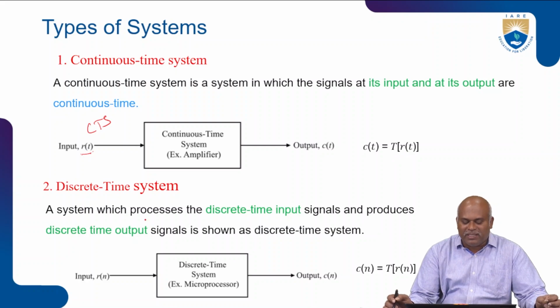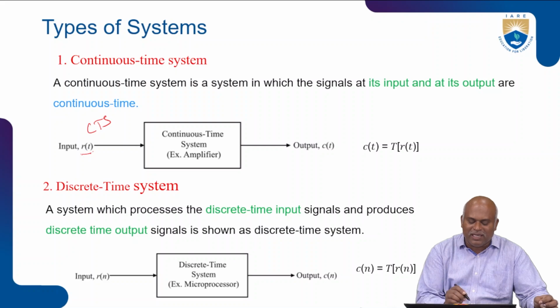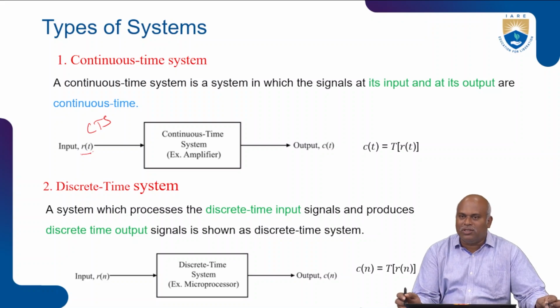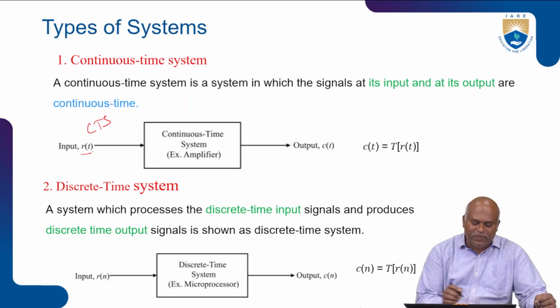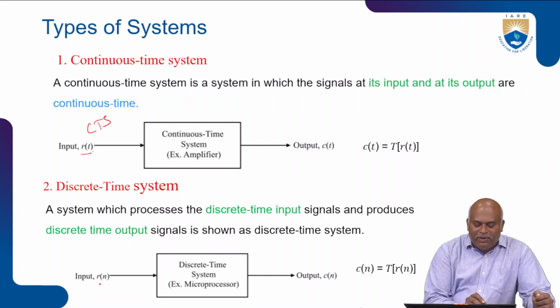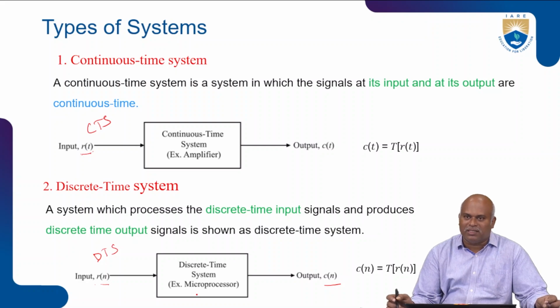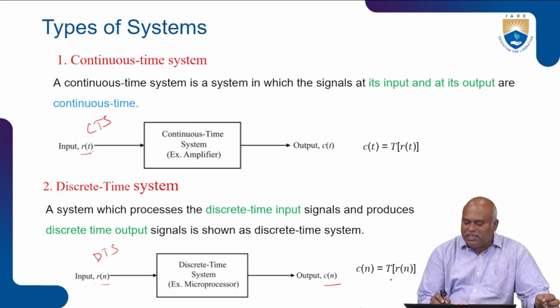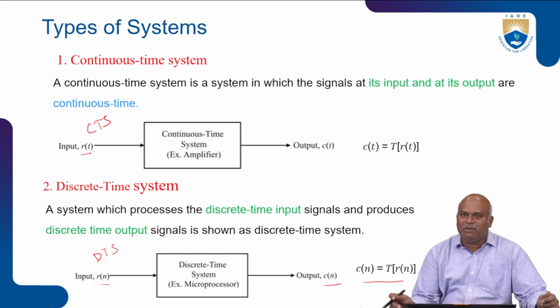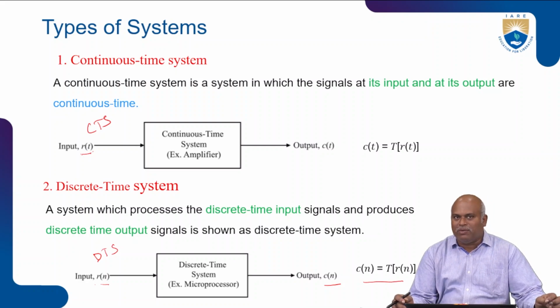A discrete time system takes a discrete time signal as input and produces a discrete time output. We give the input r of n, and it produces the output c of n. The best example is a microprocessor, c of n is equal to T of r of n. This is the way we represent the mathematical model of the system output.